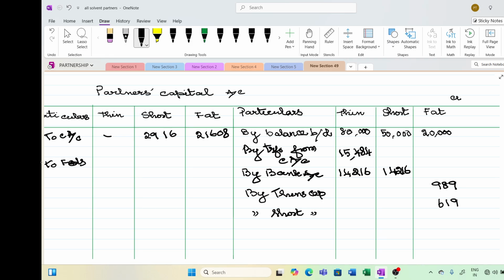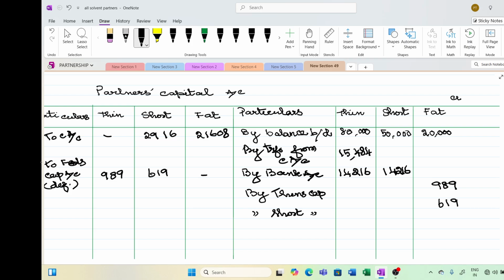You have to write clearly. The presentation should be very neat. Because of the deficiency, these fellows are bearing this loss, 989, and here he has to be debited with 619. This amount is over. Clear?